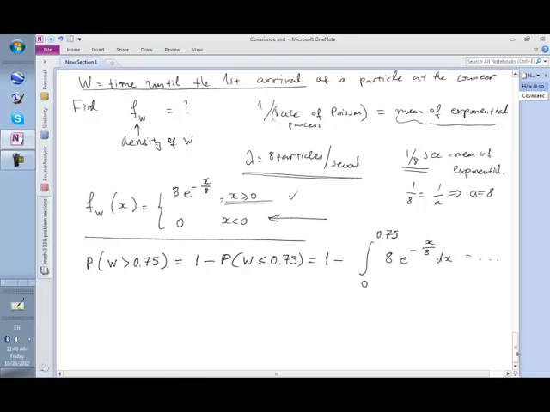Now, the waiting time until the nth success, whatever is success, in a Poisson process is modeled by the gamma distribution.